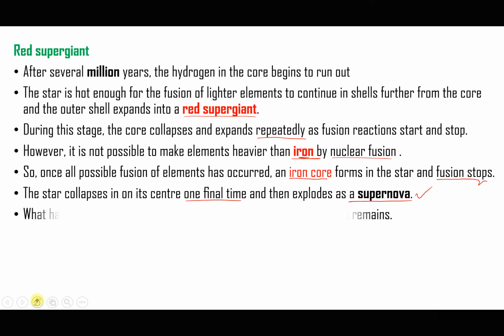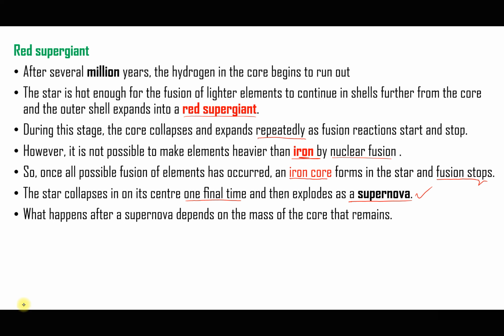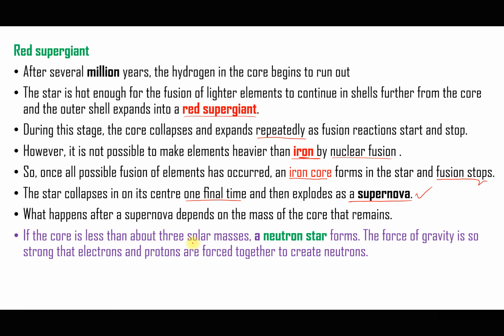So what happens after the supernova depends on the mass of the core that remains. If the core is very small, less than about 3 solar masses, that is less than about 3 times the mass of our sun, then a neutron star forms.